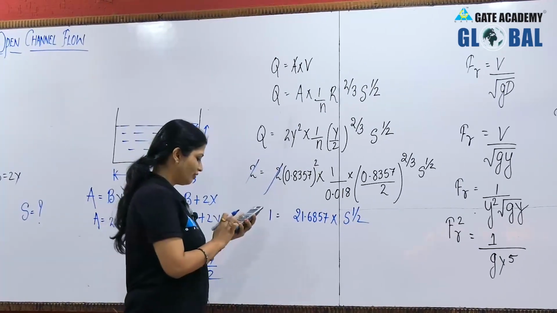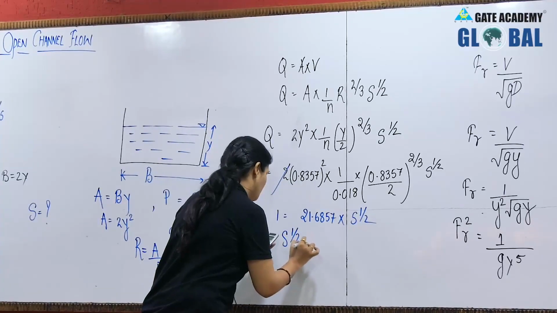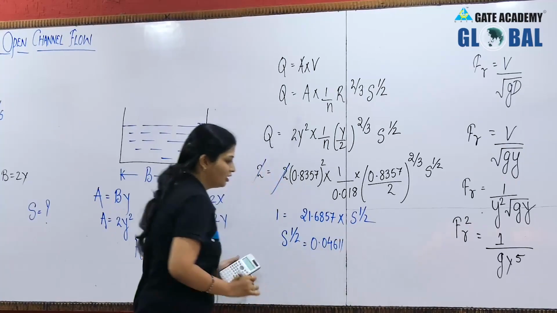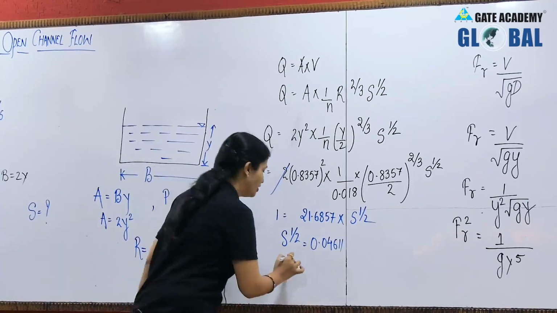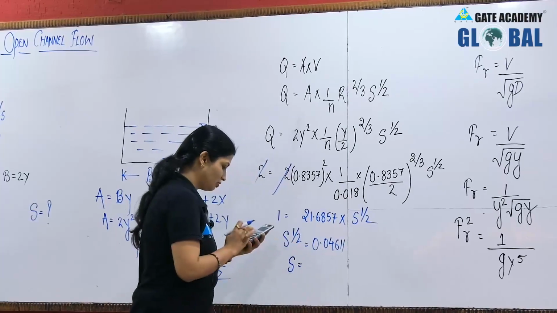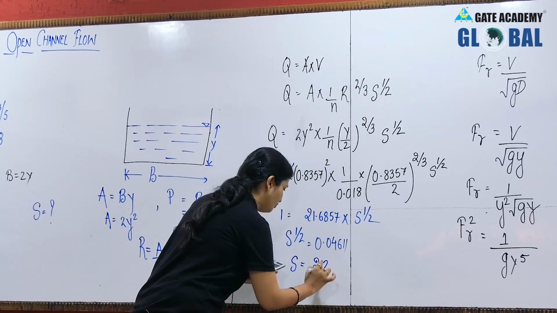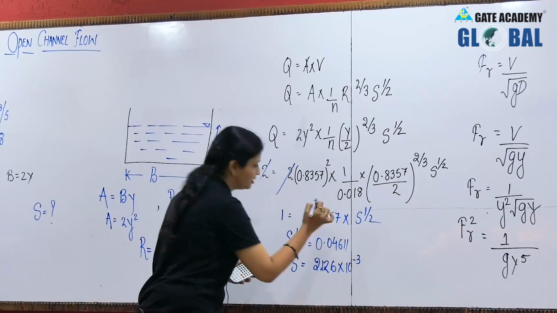So 1 divided by that will give you s to the power half, which comes out to be 0.04611. So squaring on both the sides will give me the value of slope. So square on both the sides will give me 2.126 into 10 raised to power minus 3.